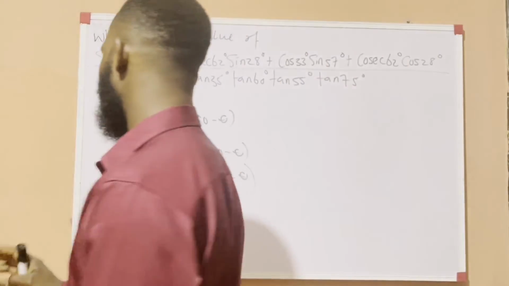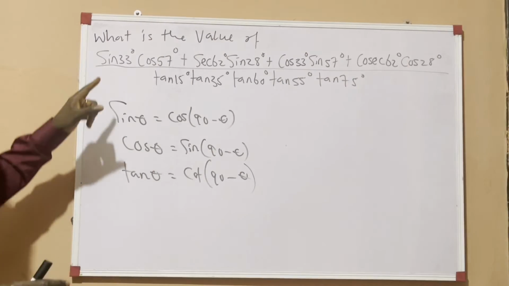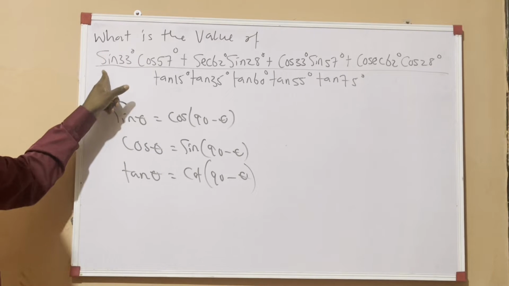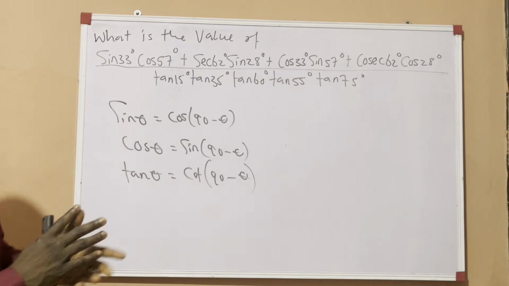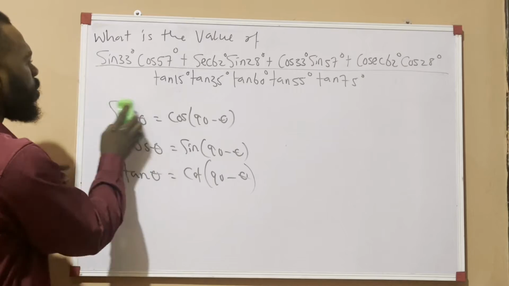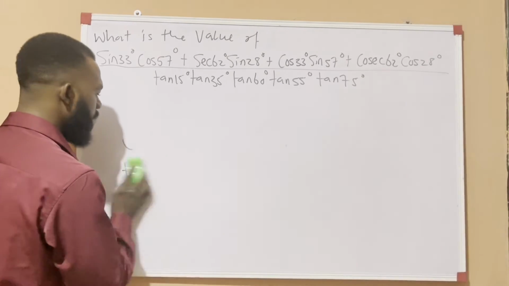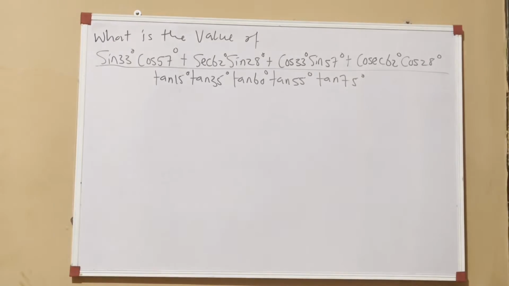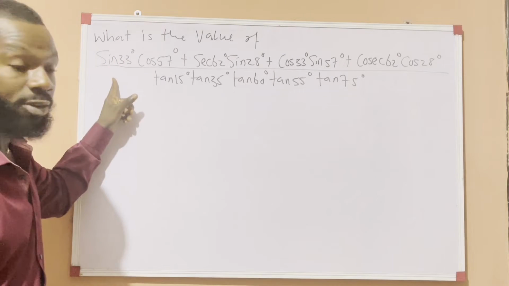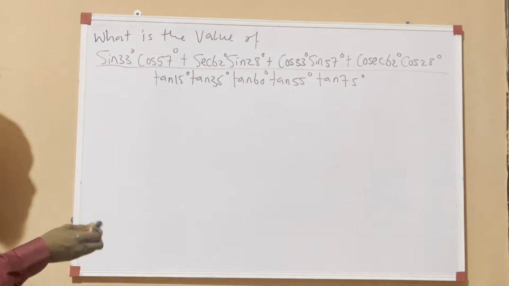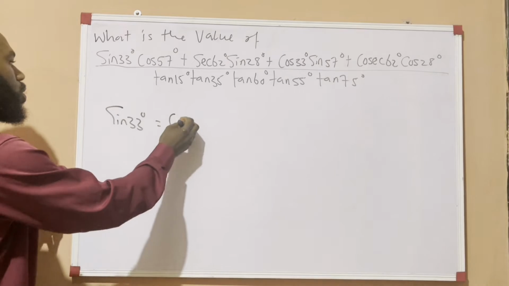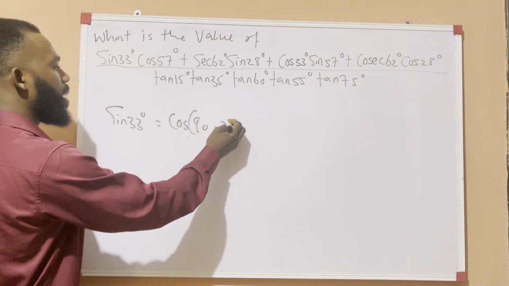Now, let us begin the class. First of all, I can choose to convert sine 33 to cos, or I can choose to convert cos to sine, so on and so forth. So let us see what we can do. If I want to convert sine 33 degree to cos, it means I will say sine 33 degree is equal to cos 90 minus 33.